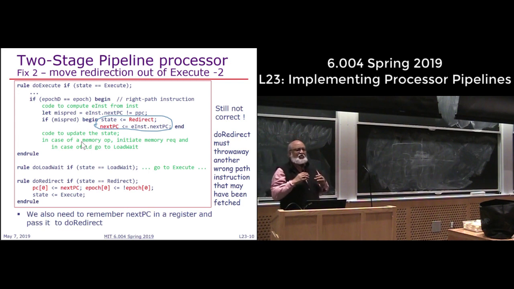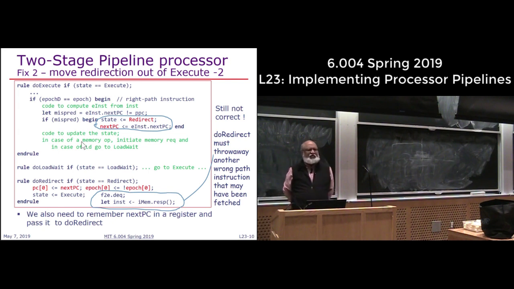And what you will have to do in the redirect stage now is throw away that instruction. If you don't throw away that instruction, it will block everything. The damn thing will come and sit in the queue. So what you have to do is introduce more code here, which will say that the instruction that is sitting in F to D, please delete it.